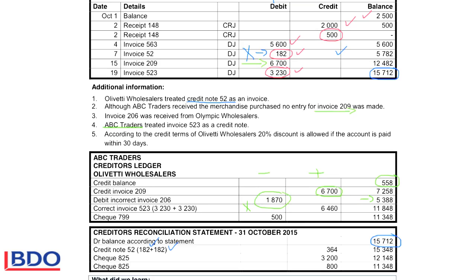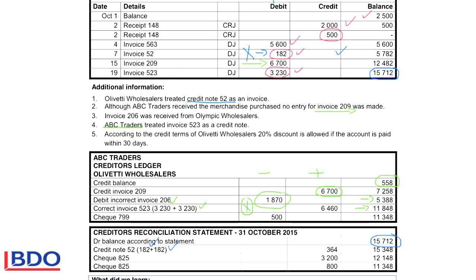Once to correct this mistake that I made, so I will put it on the credit side, 3230, to cancel out the entry on the debit side. And then it was supposed to go on the credit side, so I will put it a second time on the credit side so that I can show that the invoice actually supposed to increase the debt. So the debt will now increase to 11,848.